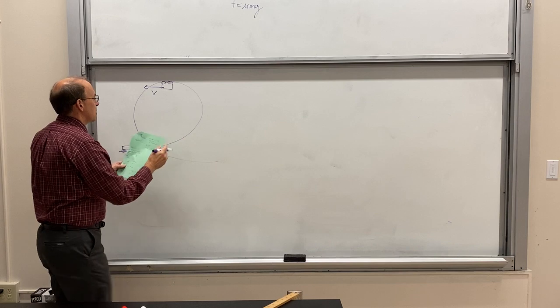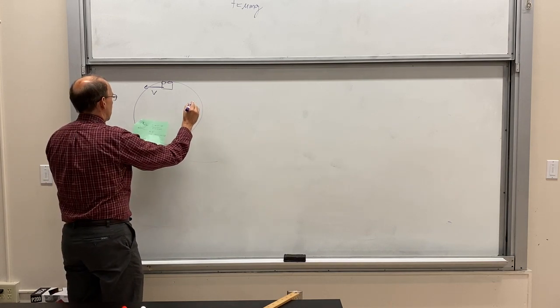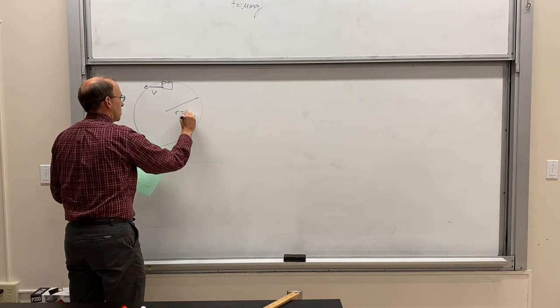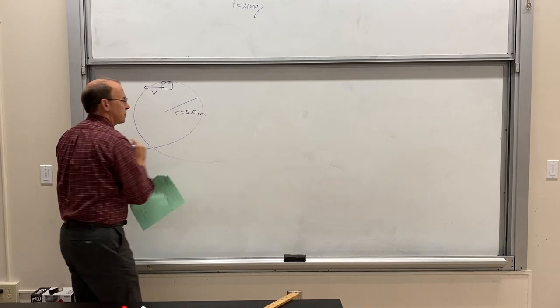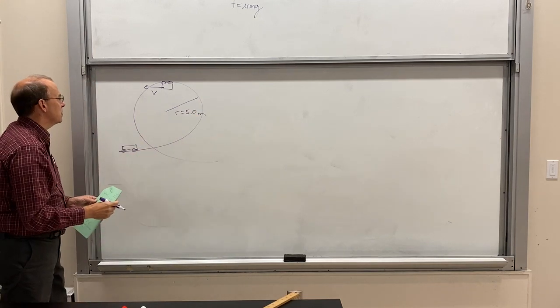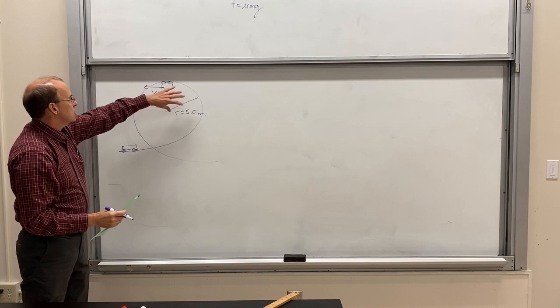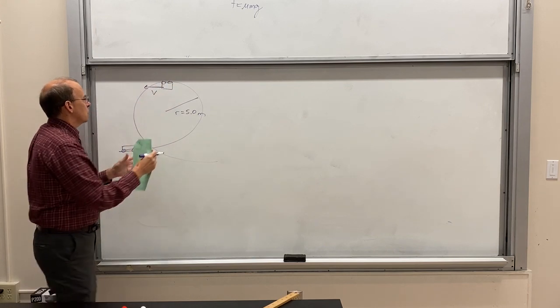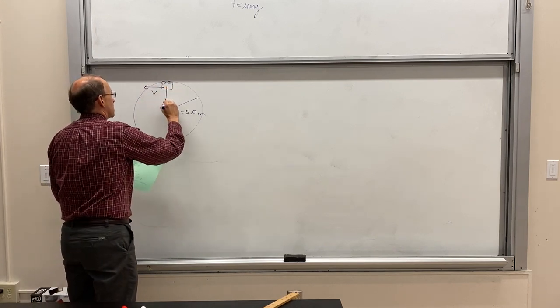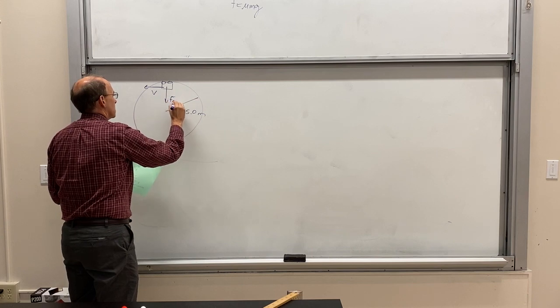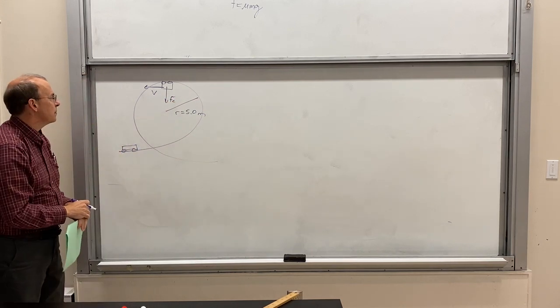So I've chosen this curve to have a radius of 5 meters, not the 50 meters like in the previous example. We need this car to go in a circle.